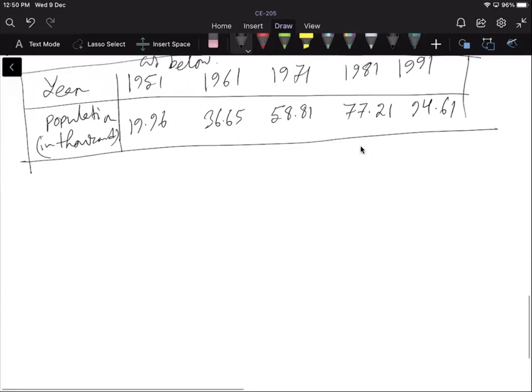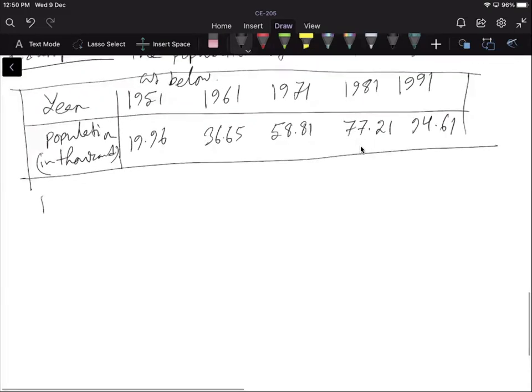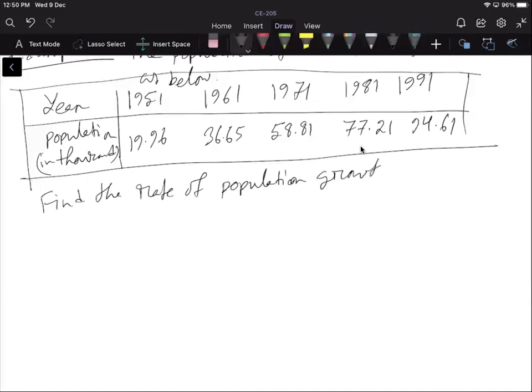Now you are asked to find the rate of growth in 1981.